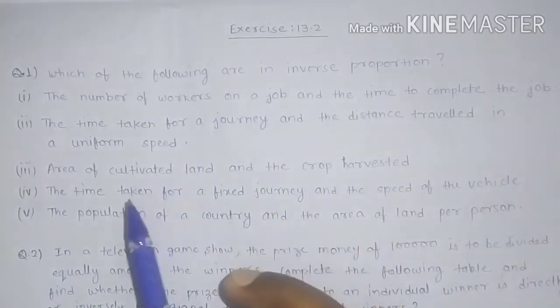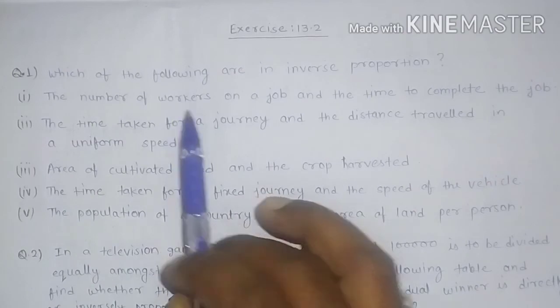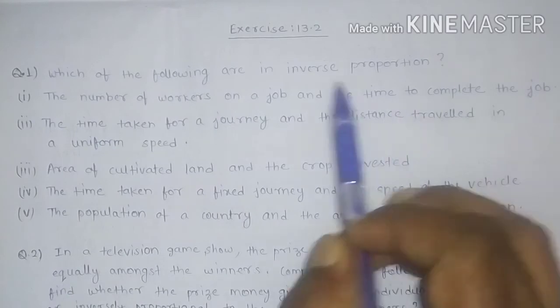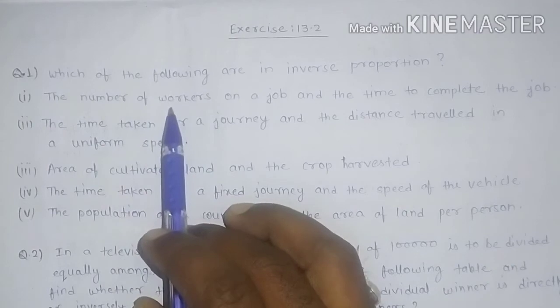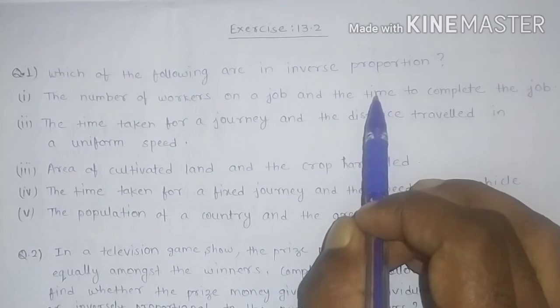Simply, if we increase the number of workers, it will take less time, and if we decrease the number of workers, the time used to complete the job will be more.